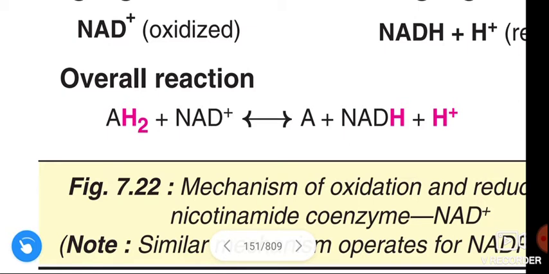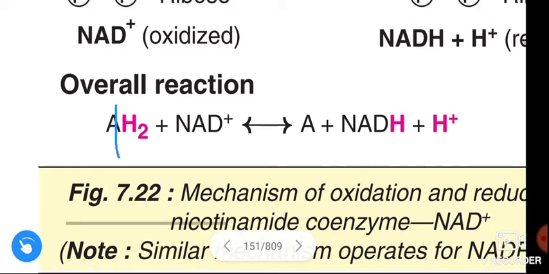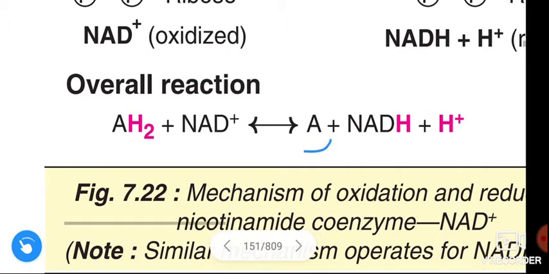The hydride ion reacts with NAD plus and forms NADH, and the H plus is present.